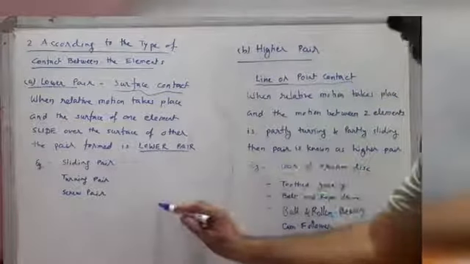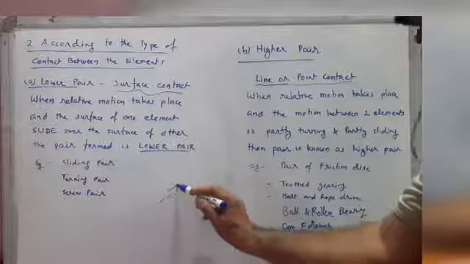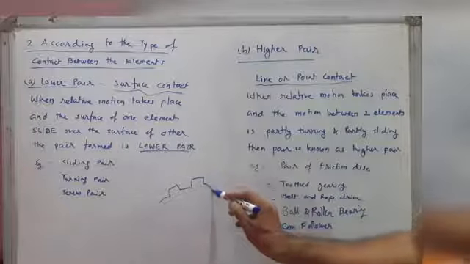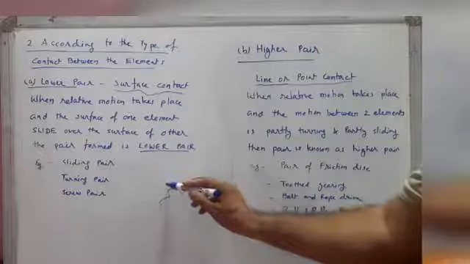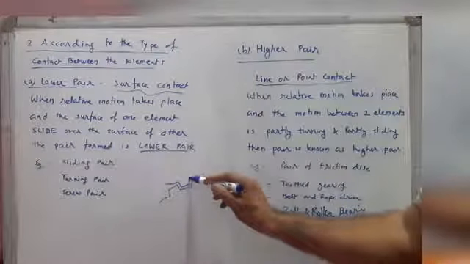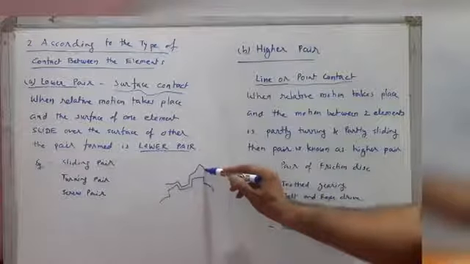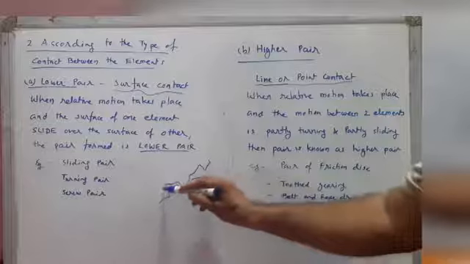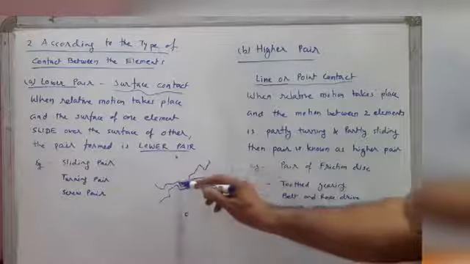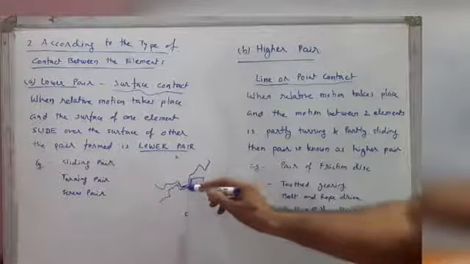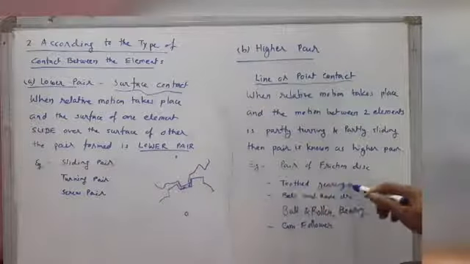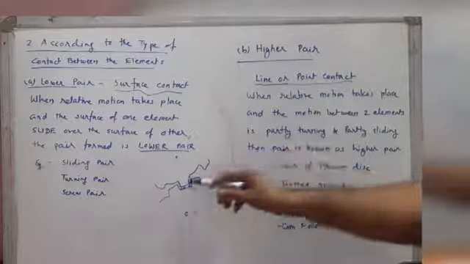If we make some gear here, these are the teeth of the gear, and a second gear is also in contact with this. The teeth are in contact at these points, these are the line contacts.